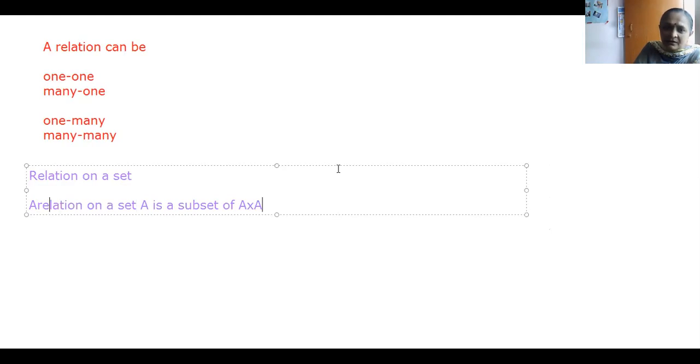Okay, means what? Both domain and codomain are same. In that case, we call it as a relation on a set.